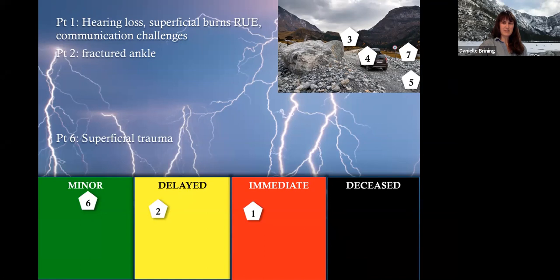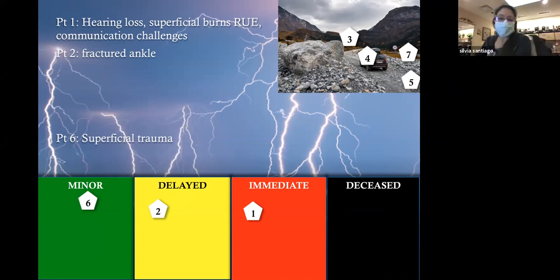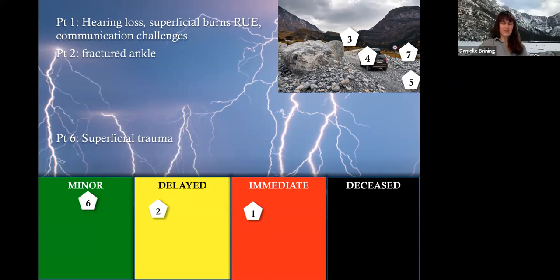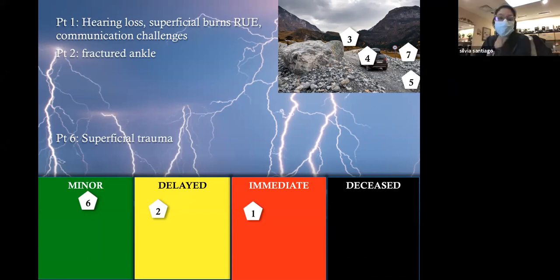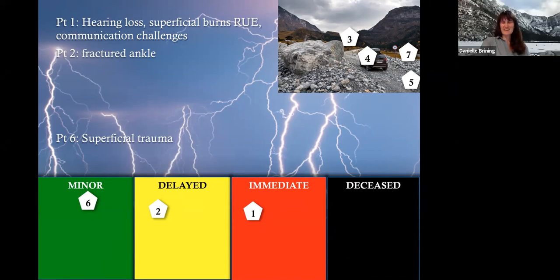Okay, you go up to patient 3 behind the barricade on the road. Is he conscious? Yes, they're conscious. Is he breathing? Spontaneous breathing, and it's good at 12 breaths per minute.